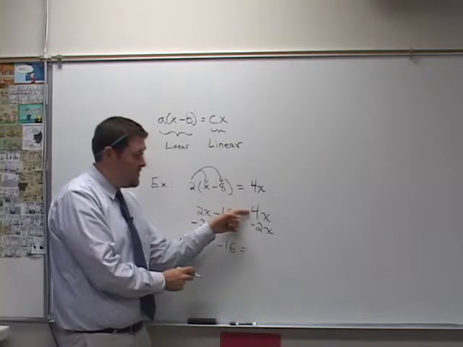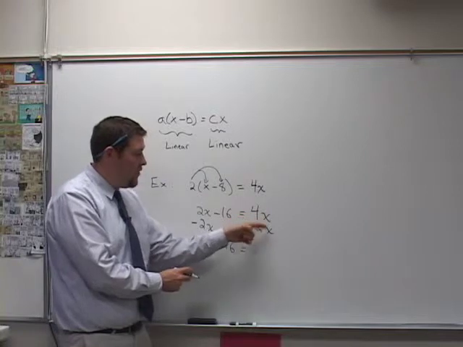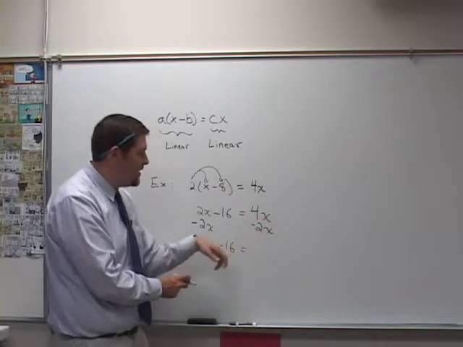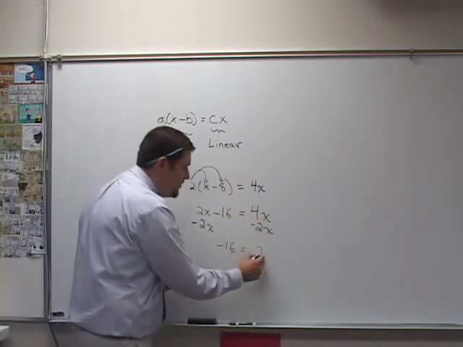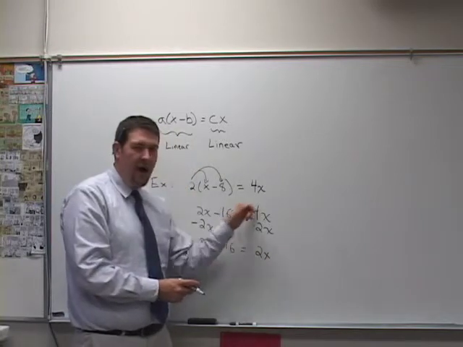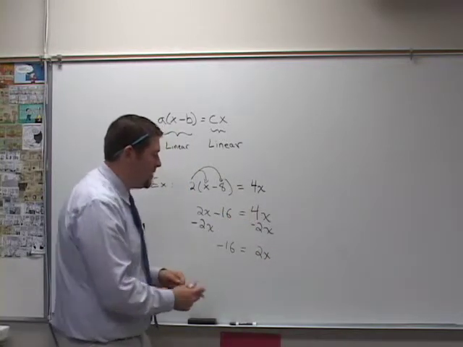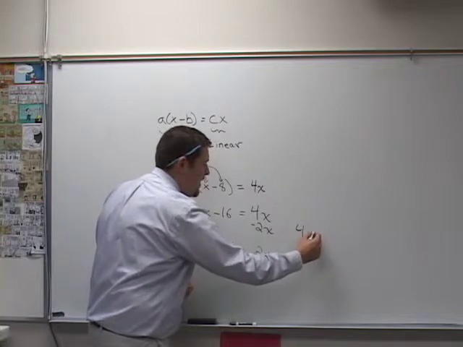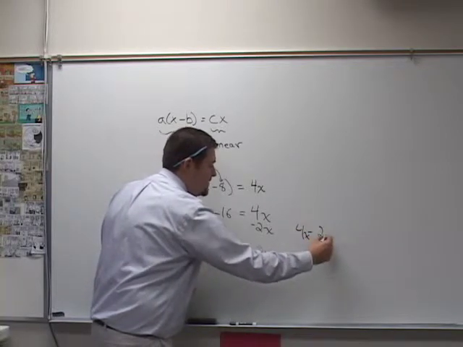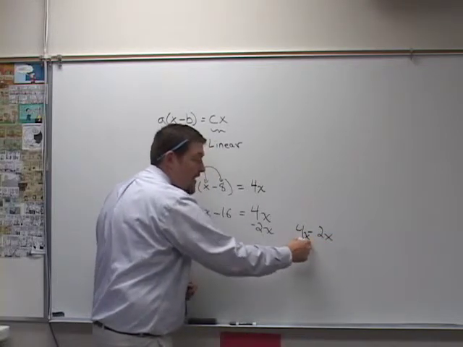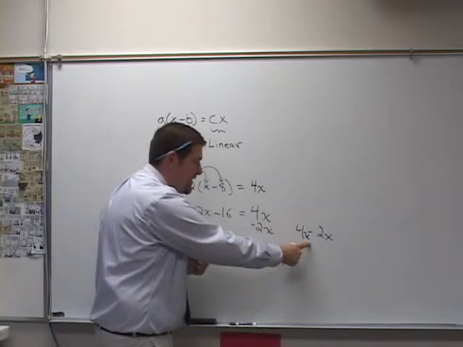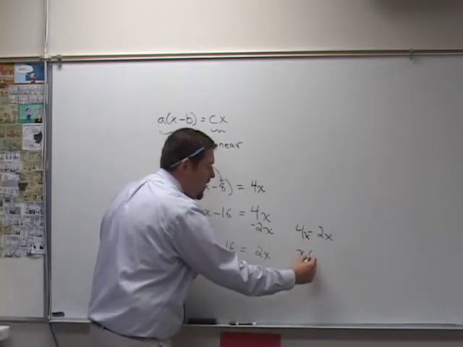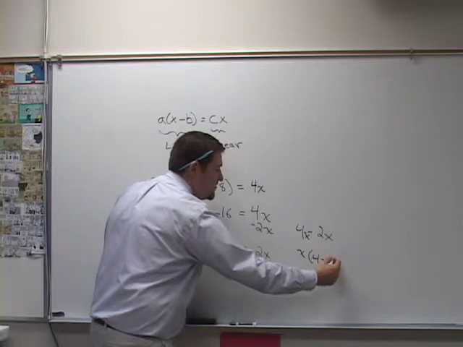On this side of the equation, 4x minus 2x, these are both like terms. 4x minus 2x, I can subtract and get 2x. In terms of the properties that allow us to do that, another way to write this is to write 4x minus 2x. x is in both. I could then do a factoring process to say that this is really x times the quantity 4 minus 2.